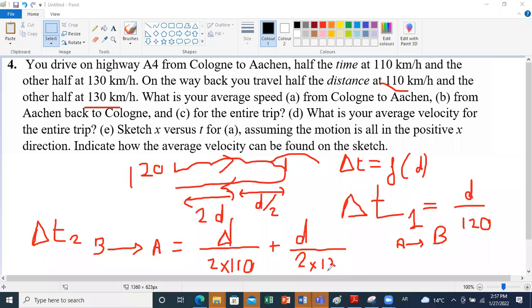Okay, so now as you can see, we can find the total time of motion. The total time of motion is delta t1 plus delta t2. So the total time of motion is d over 120 plus d over 2 times 110 plus d over 2 times 130, and the average speed for the whole path.